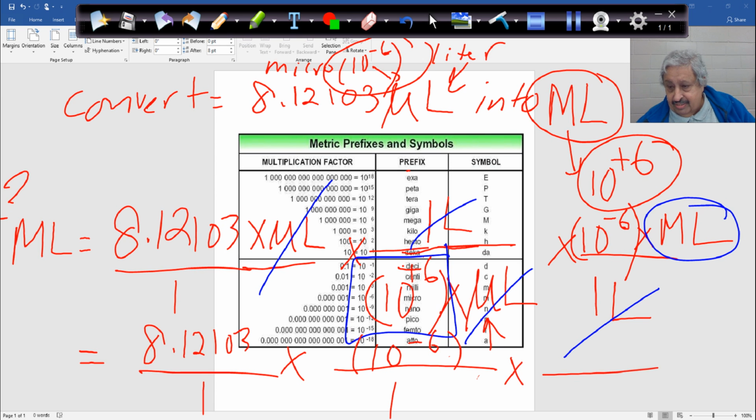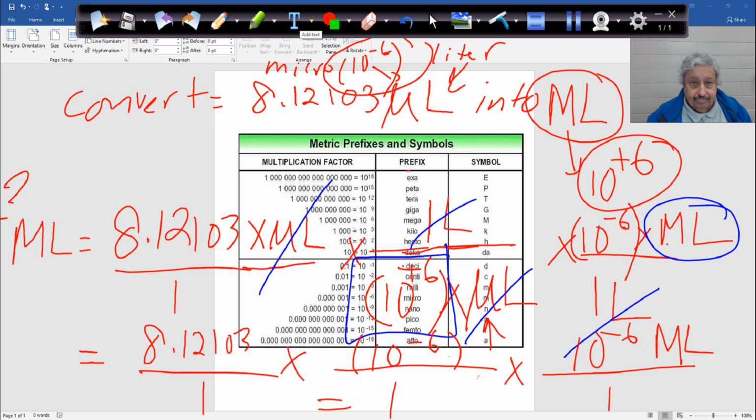So the answer is 8.12103, 10 power what?